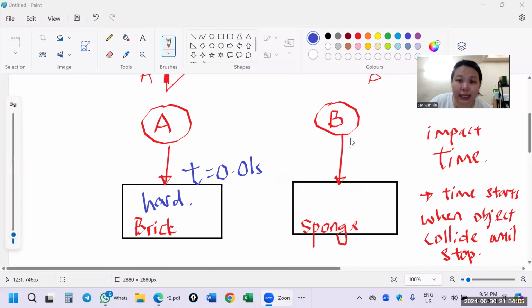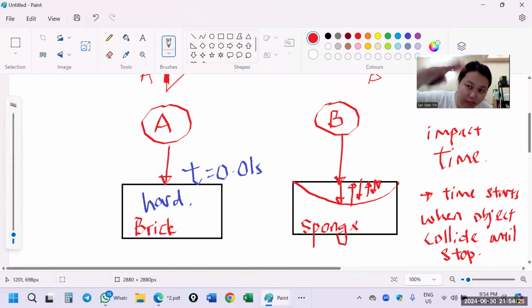Okay, so B will drop on a sponge. We know that sponge is elastic. So elastic means what? The sponge will go down and bounce back, go down and bounce back, and go down and bounce back. So it will bounce until it stops. Means the time would be longer, maybe 1 second.